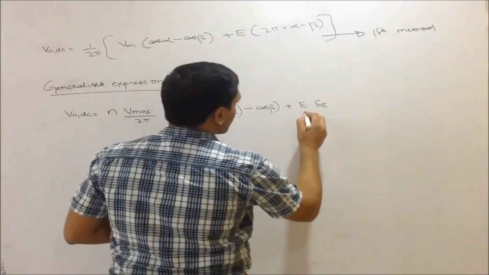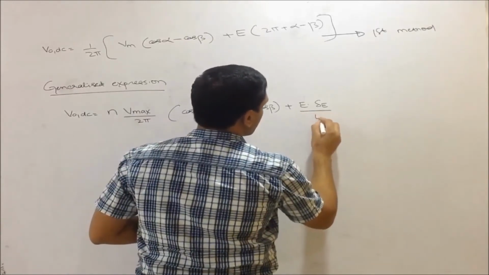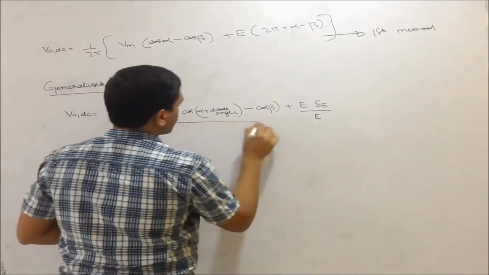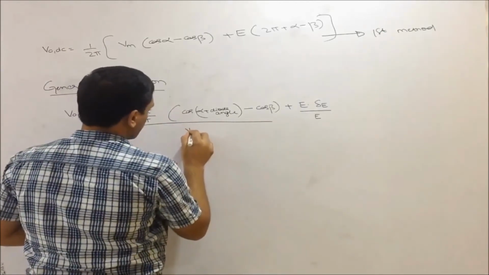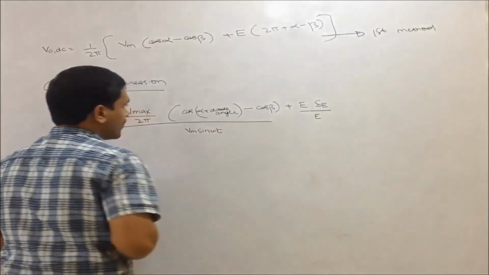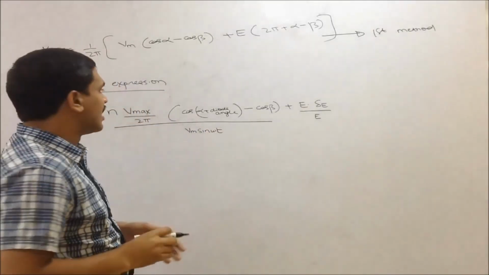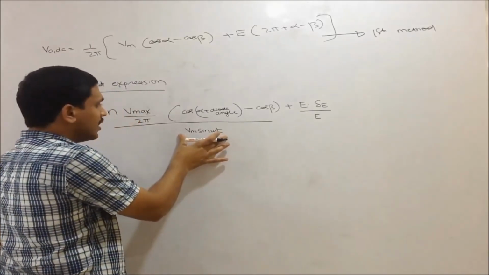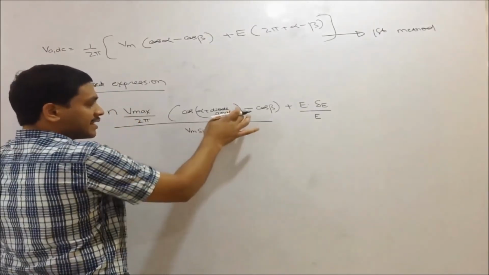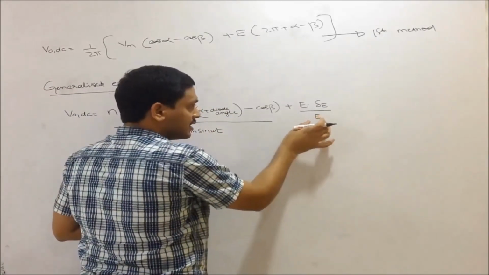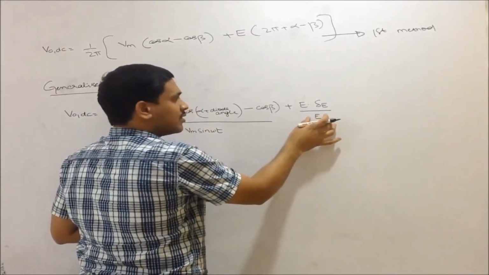This term corresponds to the voltage source E. This term corresponds to the voltage source Vm sin omega t. So it is simply writing the average voltage because of this input, and also writing the average voltage for this source, for this input, we get this one.